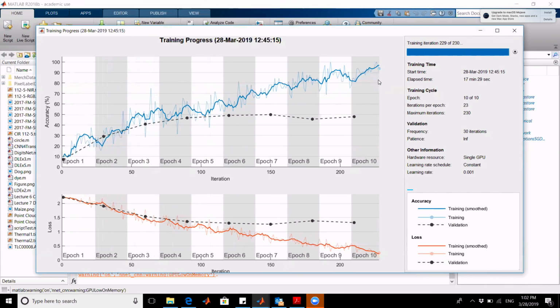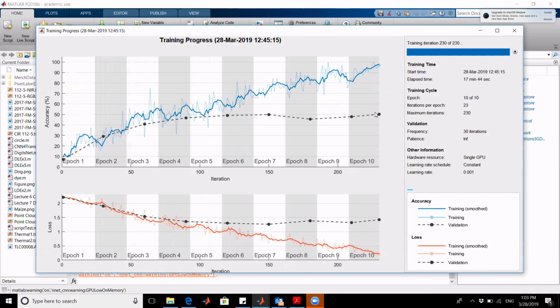So don't fool yourself. This is the exact problem that I want to refer to. You've got a huge gap between your training and the validation, and that's a problem. Okay, so that's done. Your final accuracy for validation is roughly 50%, which is 5 times better than a random guess in this particular problem.